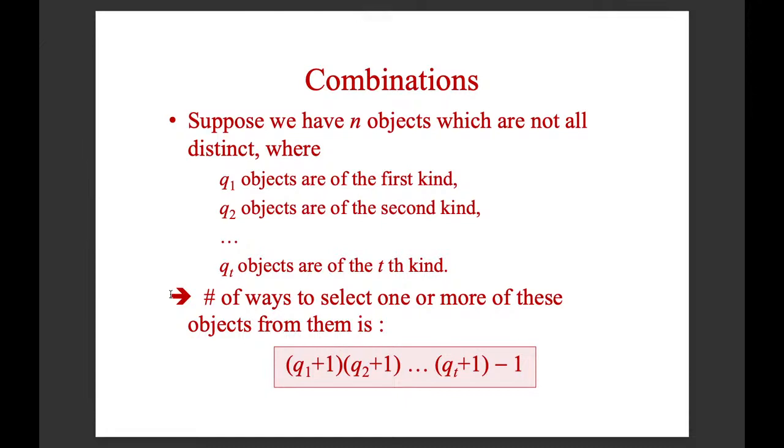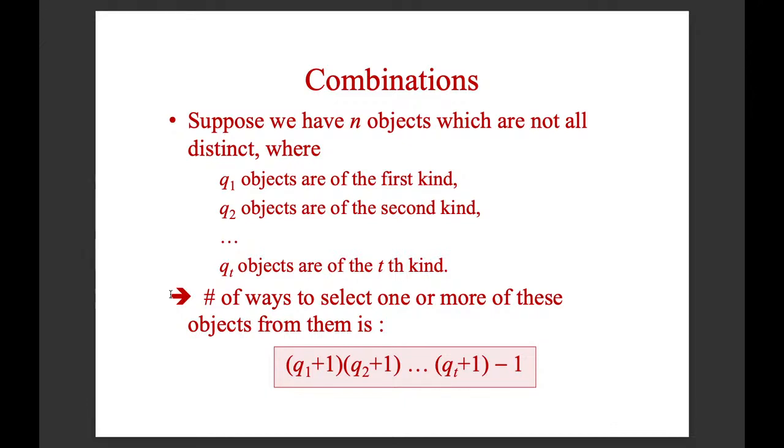The other one is another scenario. Suppose that we have n objects, and they are not all distinct. But we know that out of these n objects, Q1 of them are of the first kind, Q2 of them are of the second kind, and Qt of them are of the tth kind. For this case, we want to select one or more objects from them.